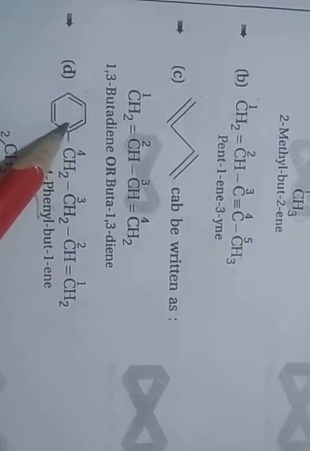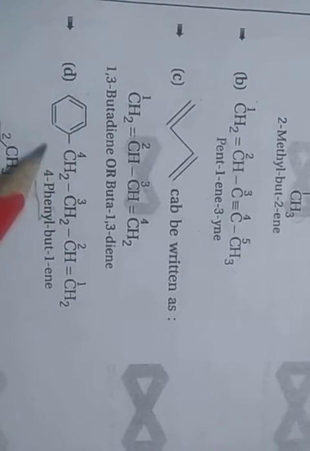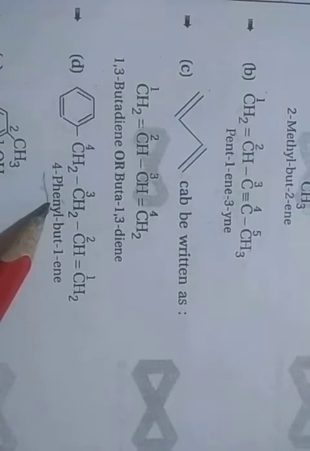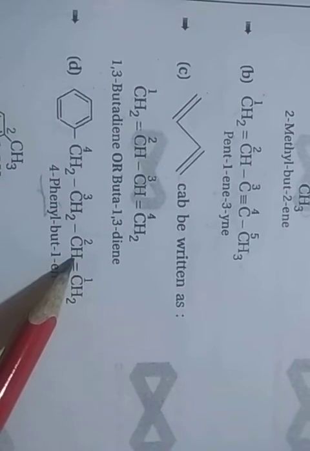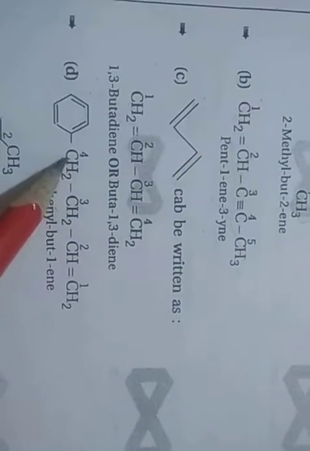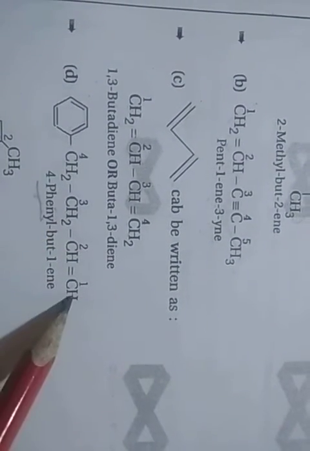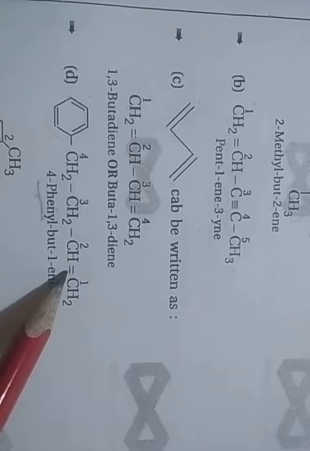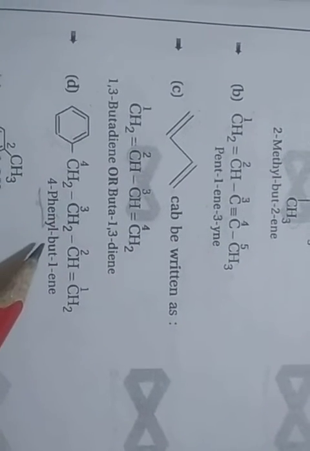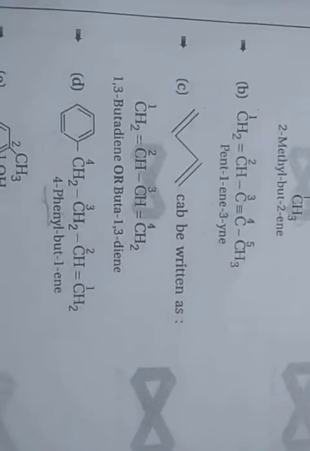This is the benzene, but whenever it is attached to a chain, it is considered as a phenyl group. So 4-phenyl, after one number double bond, total carbon 4 but, so 4-phenyl, total carbon but, after one number ene. So 4-phenylbut-1-ene.